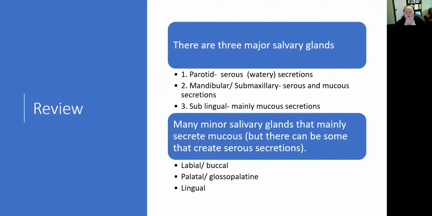And here we have our seromucous secretions, or mixed secretions. And then the sublingual is going to be mainly mucus. There are a few serous in there, but it is mainly mucus secretions. Then we have a lot of minor salivary glands that mainly secrete mucus. And the minor salivary glands, where do you guys think those are found in the oral cavity?